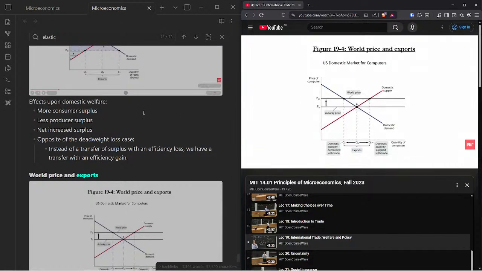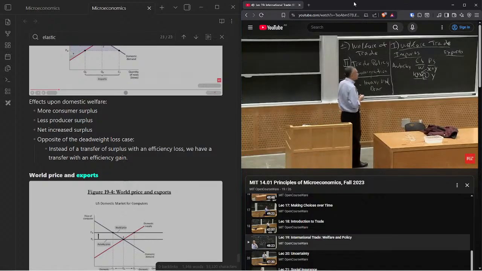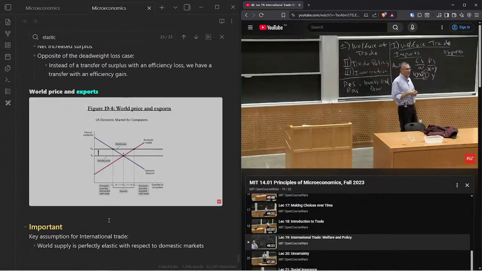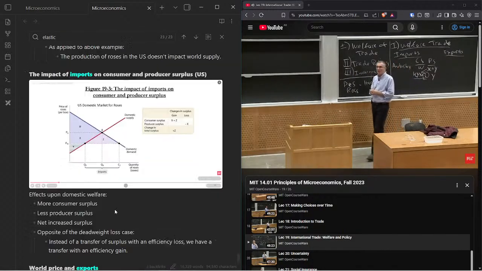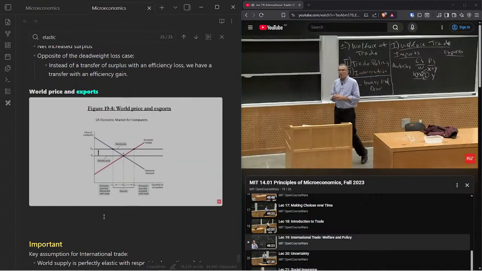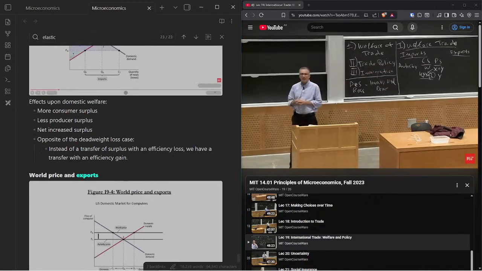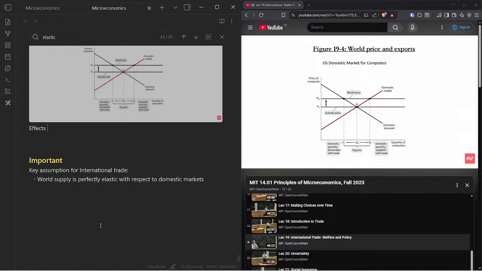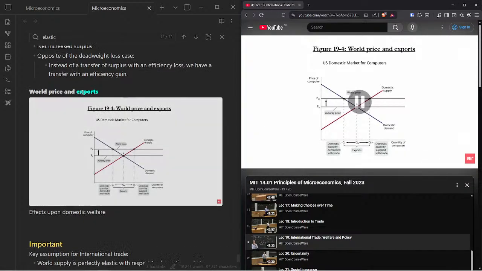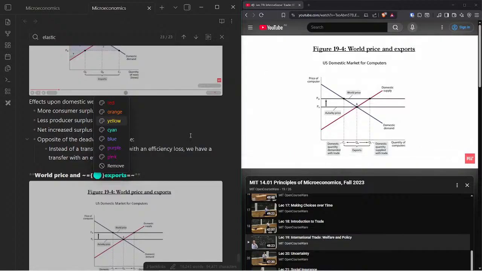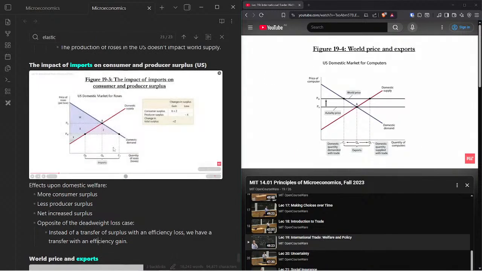Now we have in 19.4 computers. Here we're going to continue to assume world supply is perfectly elastic. That's probably wrong. The U.S. is big enough to affect the market for computers, but let's just assume the U.S. is small for a second. Makes life much easier. So what happens is we're initially in autarky at point Q sub A, P sub A. Well, this title isn't quite right.